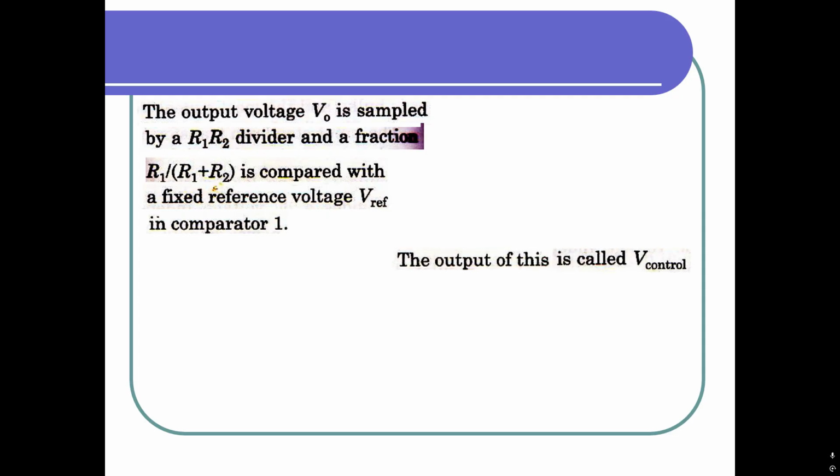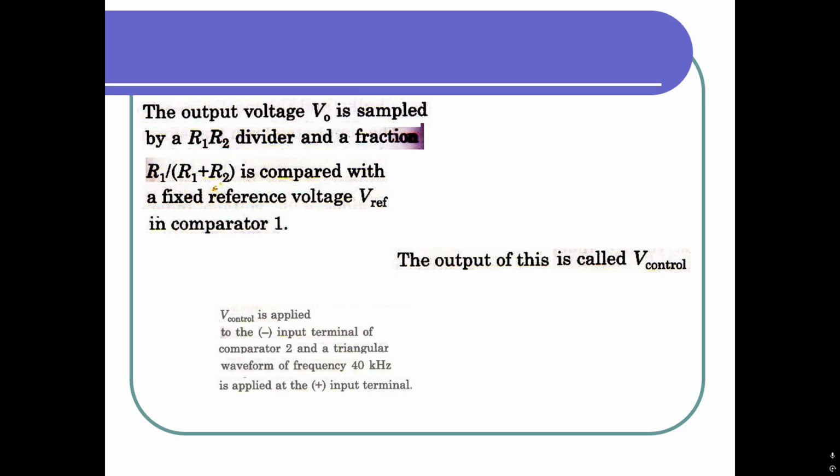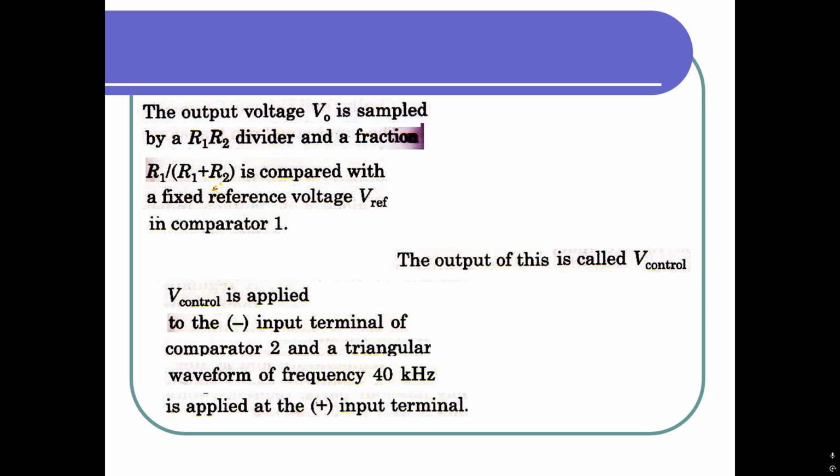The output of this is called V control. V control is applied to the negative input terminal of comparator 2 and a triangular waveform of frequency is applied to the positive input terminal.